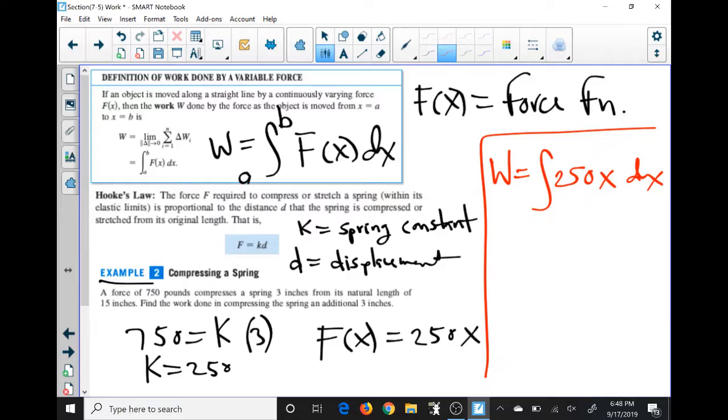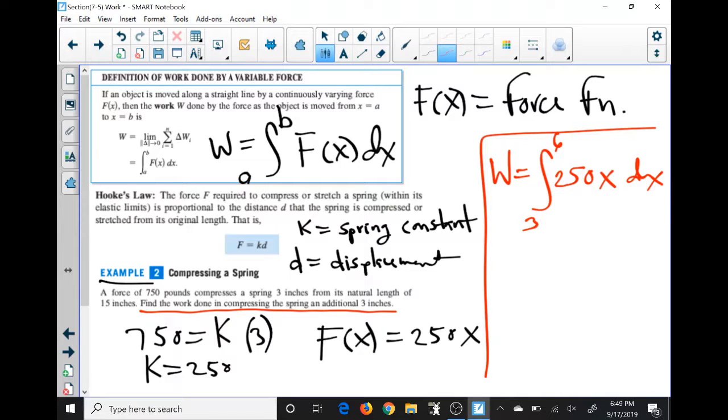And now we have to figure out the bounds of integration. So if we go back to the problem, it says find the work done by compressing the spring an additional 3 inches. The spring is already compressed 3 inches, so it's starting from a 3-inch displacement, and 3 additional inches would be up to a 6-inch displacement.